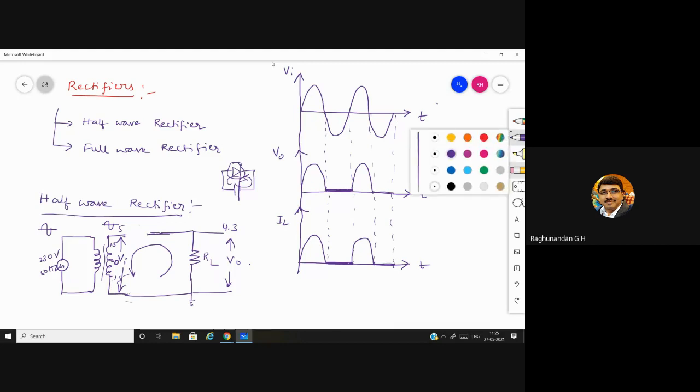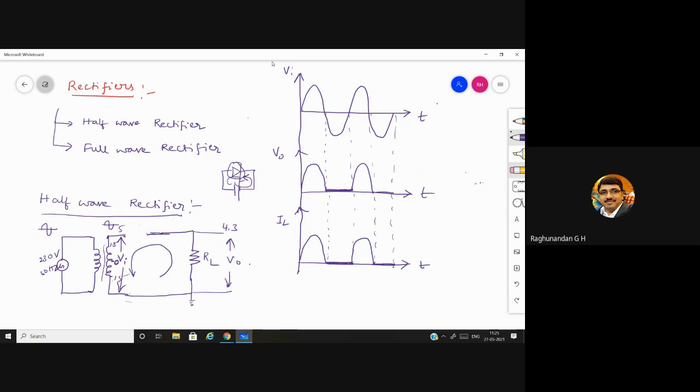See now, this is the working. So what you have to tell? We are having an AC source and a step down transformer. We are having a diode which has two cases, forward bias condition and reverse bias condition. In forward bias condition, the current is going to flow through the load resistance, hence we are going to get the output.